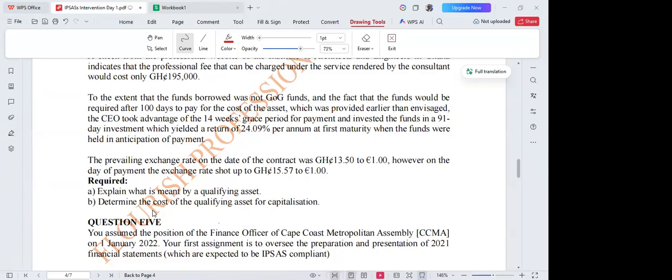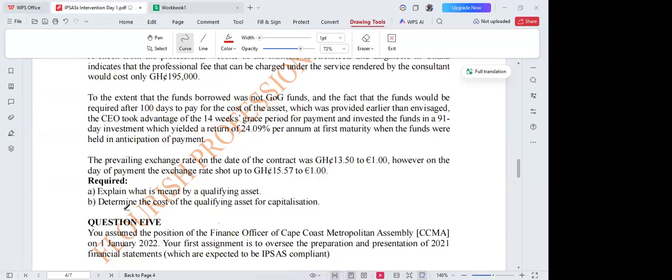The prevailing exchange rate at the date of contract was 13.5 to 1 euro. However, on the day of payment, the exchange rate shot up to 15.57 to 1 euro. Required. I. Explain what is meant by a qualifying asset. II. Determine the cost of a qualifying asset for capitalization.